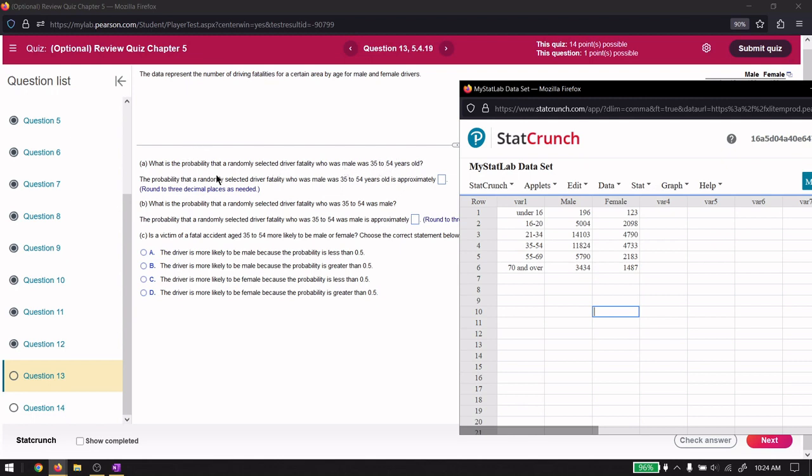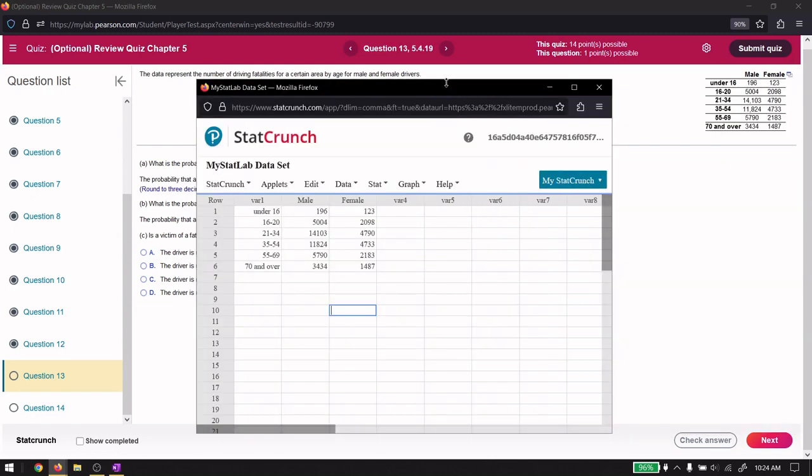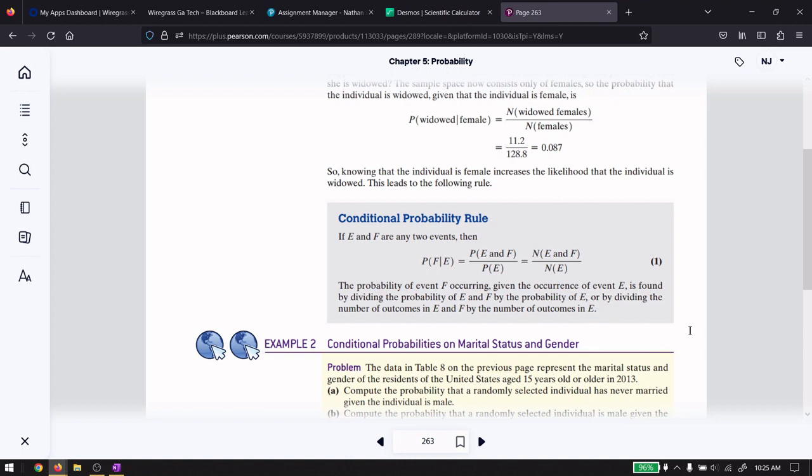So we're making a condition on our probability, or they are not independent. And that's the key thing to note there. Let me show this in the text here. This is the conditional probability rule.